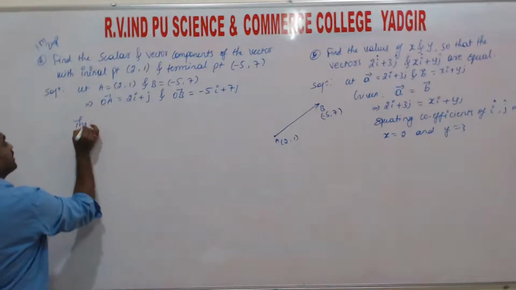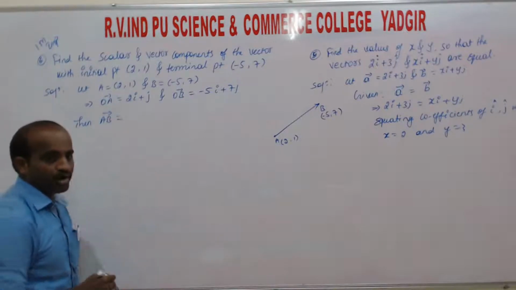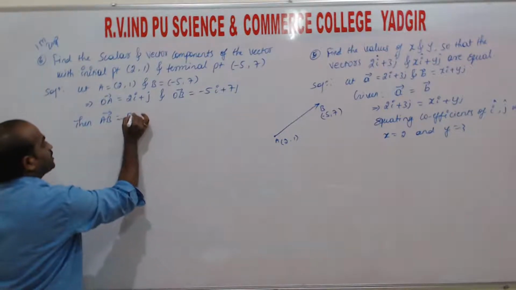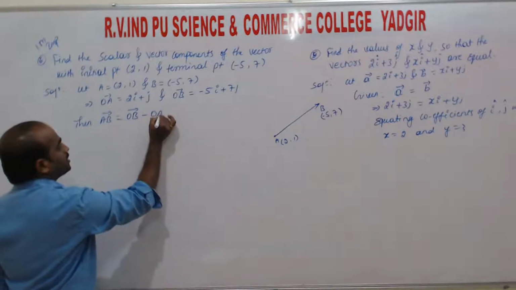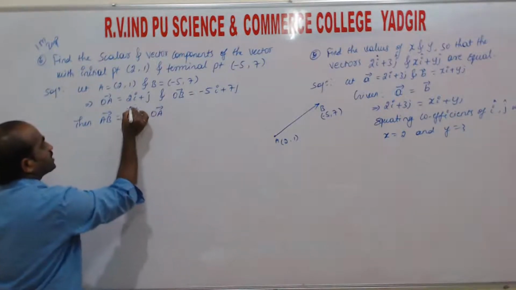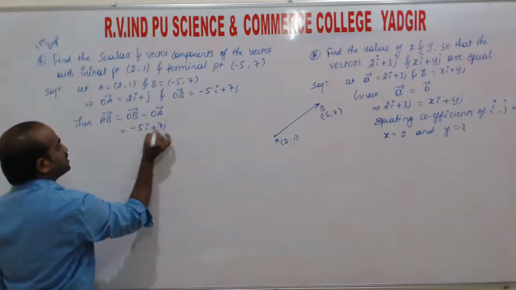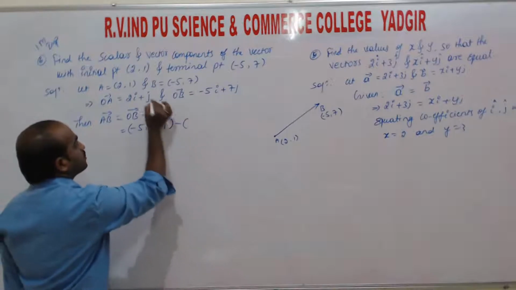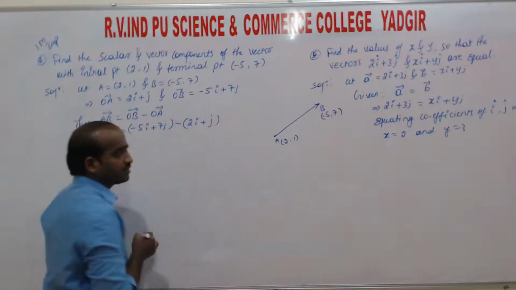Then AB vector, the vector joining the 2 points, is equal to OB minus OA. OB vector is minus 5i plus 7j minus OA vector, 2i plus j.